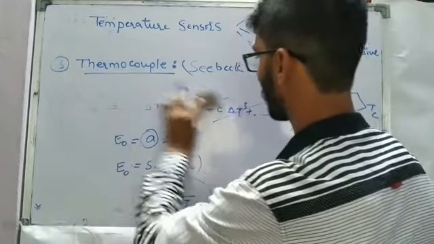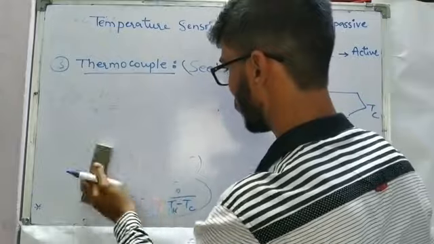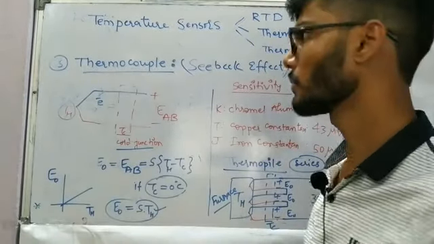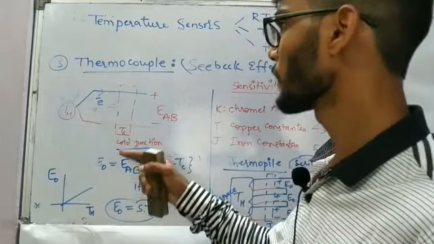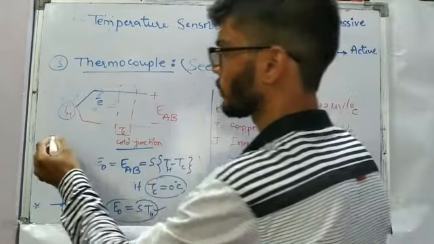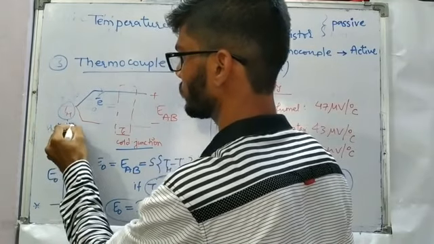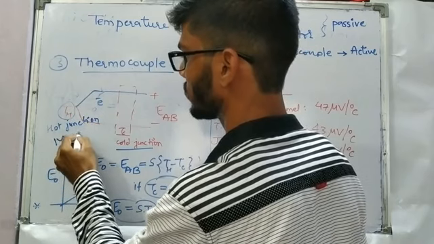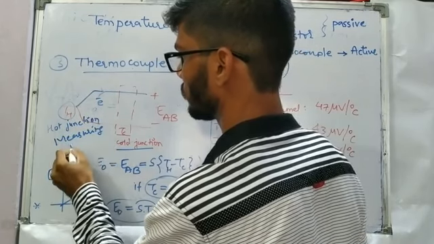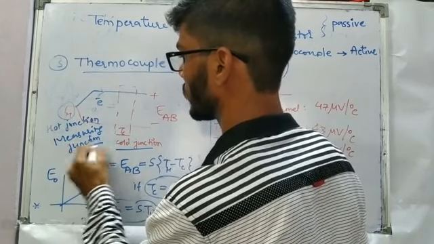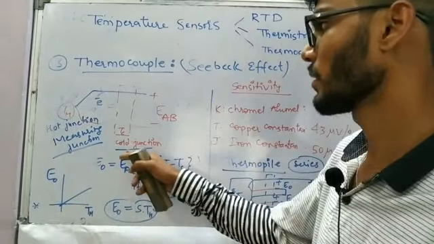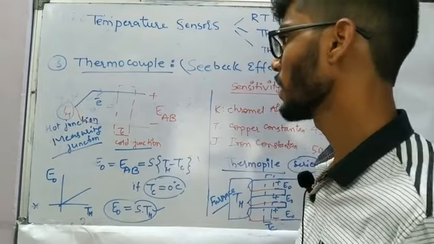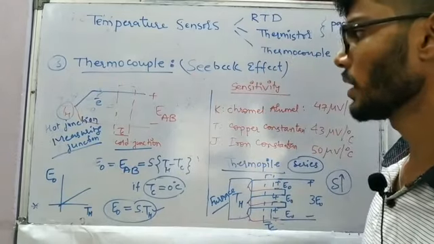And now we'll write the electrical equivalent circuit of thermocouple. In the electrical equivalent circuit of thermocouple, it is going to have two junctions. One junction is the hot junction, which has temperature TH and is also known as the measuring junction, and TC is the temperature of the cold junction, and the output voltage we are going to measure with the help of a voltmeter.